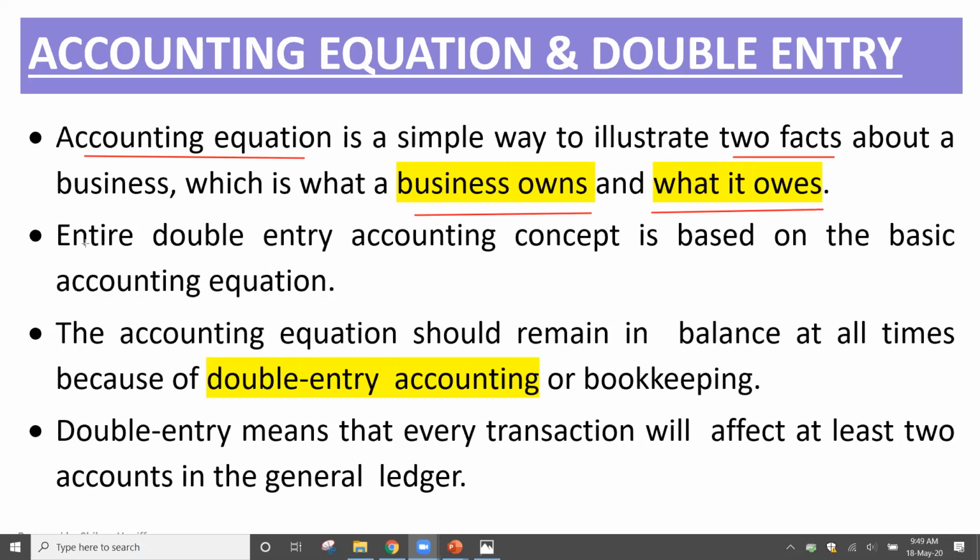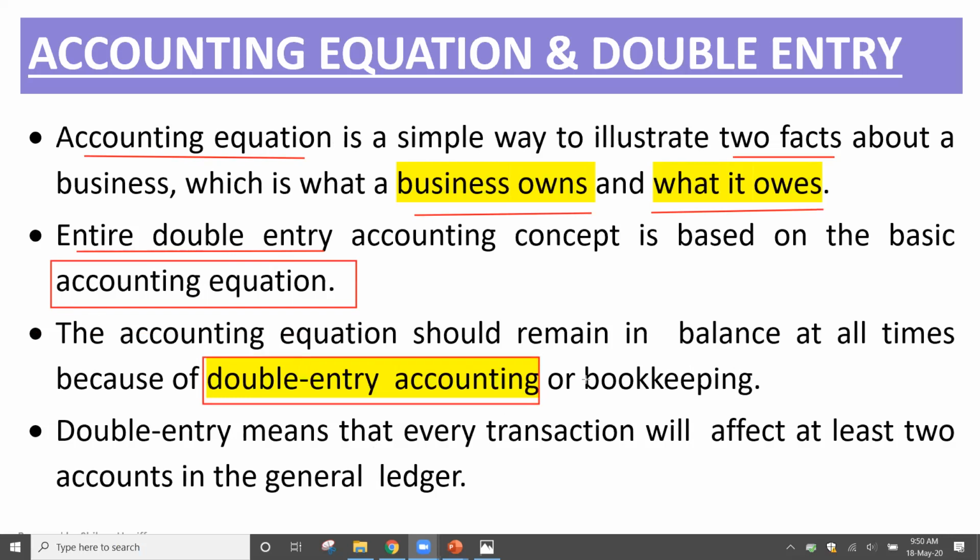So the entire double entry concept, the entire accounting concept, is based on this accounting equation. An accounting equation should remain in balance at all times because of the double entry accounting or bookkeeping system. Everything we will do in future chapters, we will follow this double entry accounting principle, which is derived from the accounting equation.